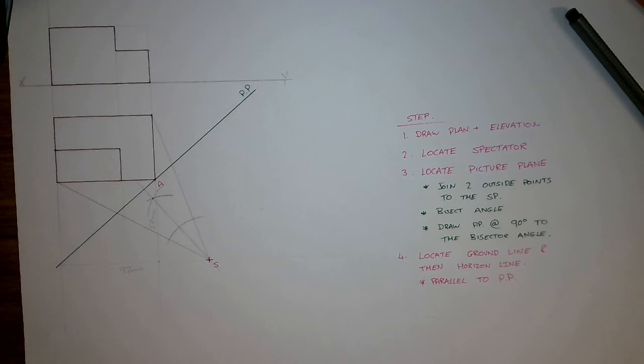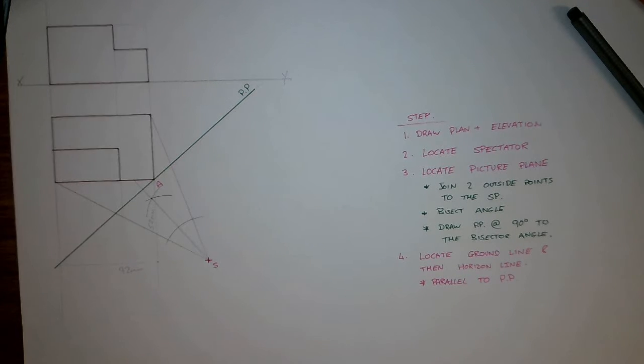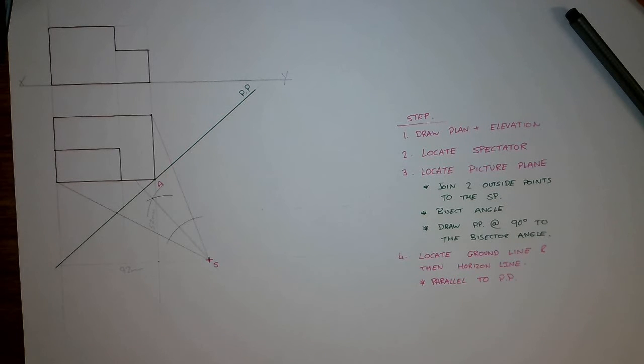So the ground line and horizon line are always going to be at the same angle as the picture plane, because the ground line is at the bottom of the picture plane and the horizon line is your eye level. You'll be given an eye level or a height for the horizon line for every question.